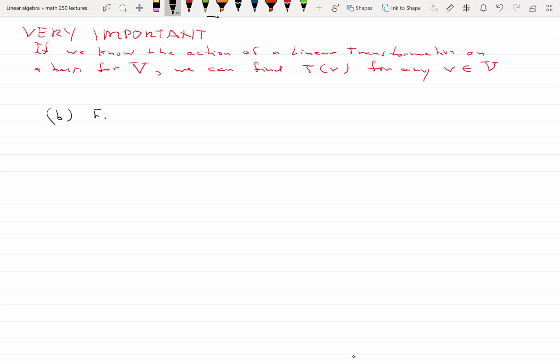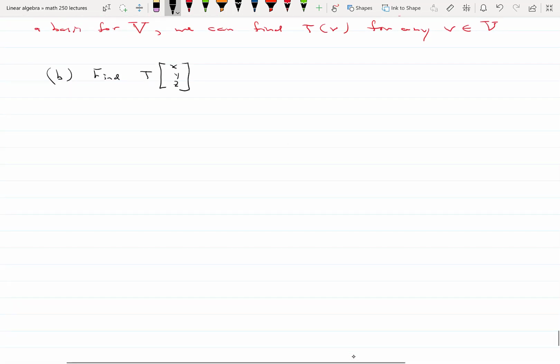Now I want to find something more general: what the transformation does to any point (x, y, z) in R3, or any column vector (x, y, z). This is much more tedious, but the idea is exactly the same.